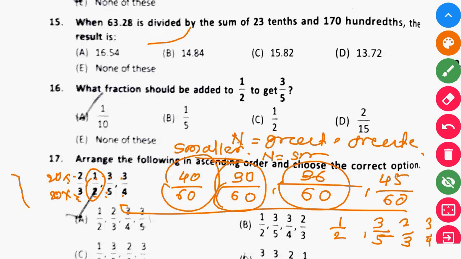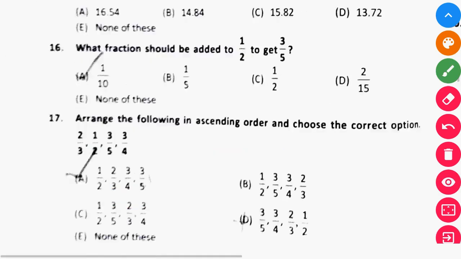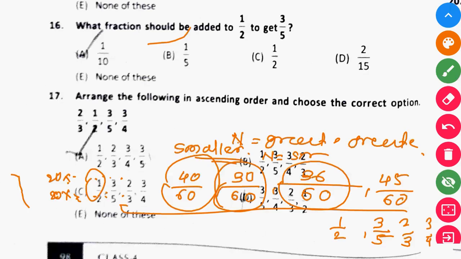1 by 2, 3 by 5, 2 by 3 and 3 by 4. So the correct answer is answer C, not answer A. Okay.